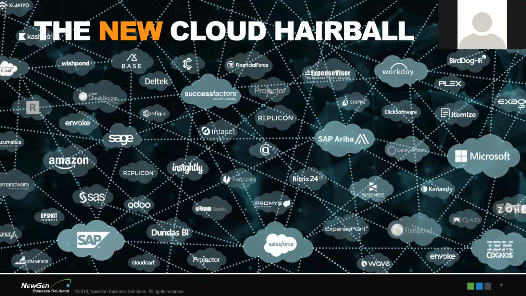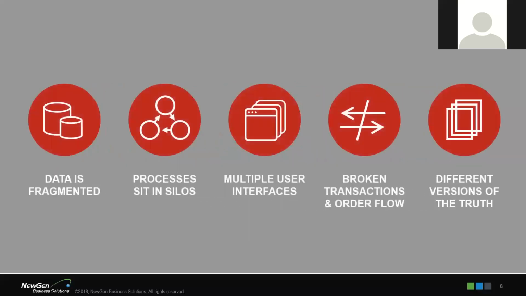So you get the same results as an on-premise. You've got integration nightmares between all these point solutions that, yeah, they're cloud hosted, but this cloud solution is doing this piece, this cloud solution is doing that piece. You still got to tie them all together, and you have integration issues. So you get the same problems: fragmented data, multiple user interfaces, siloed data, different versions of the truth.